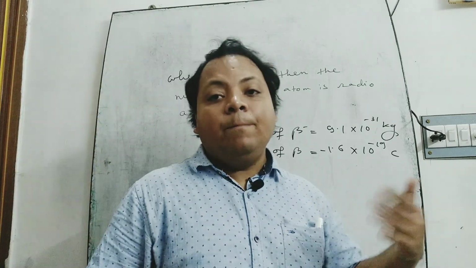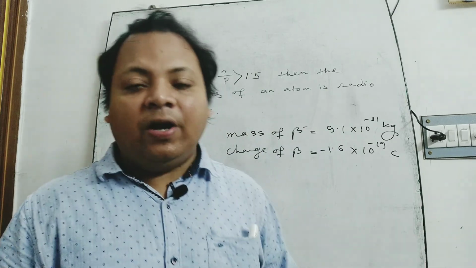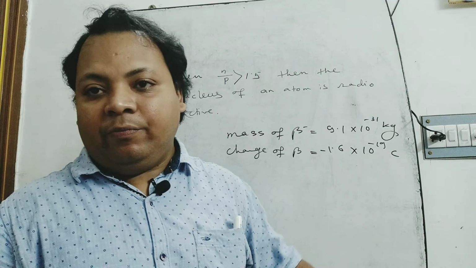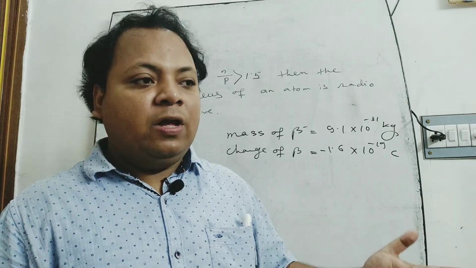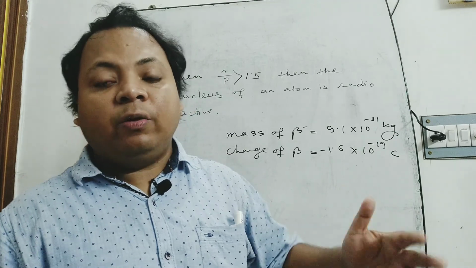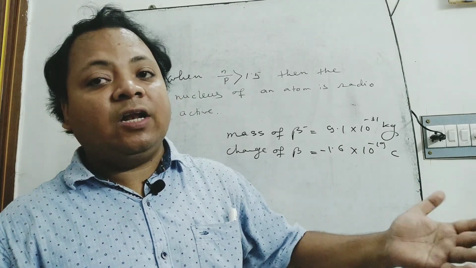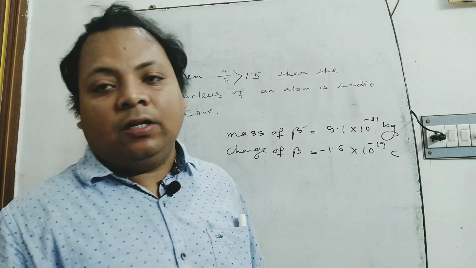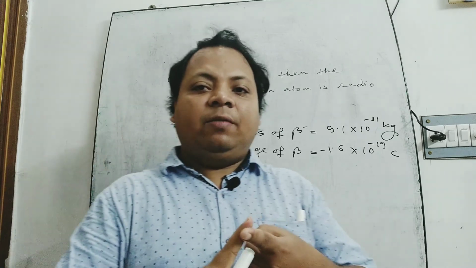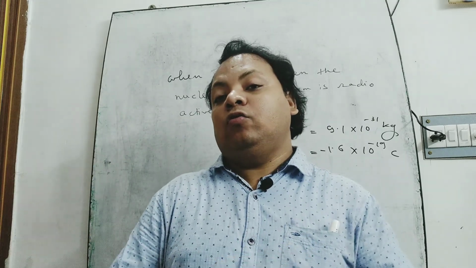Alpha particle, beta particle, and gamma ray are not emitted at the same time. Gamma ray may be emitted after emitting a beta particle or alpha particle. But at the same time, alpha and beta particles are not emitted.